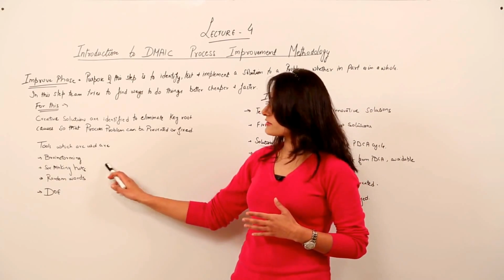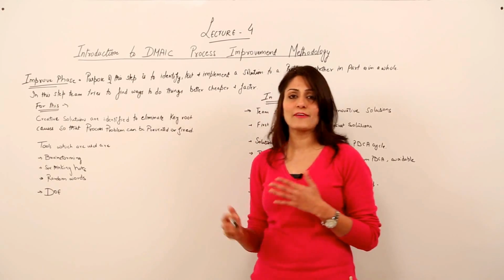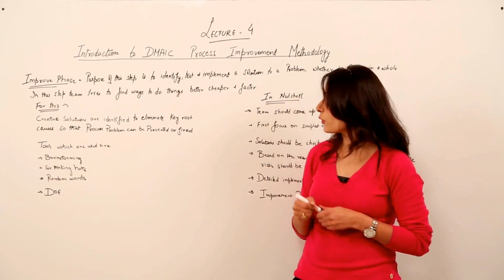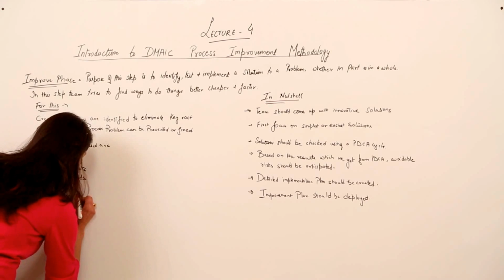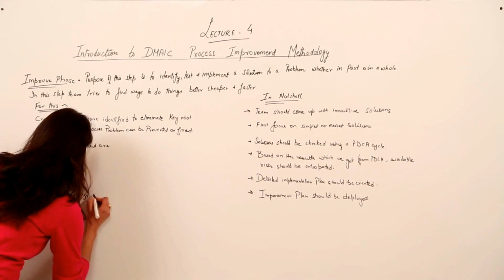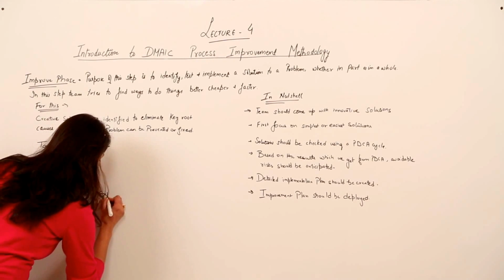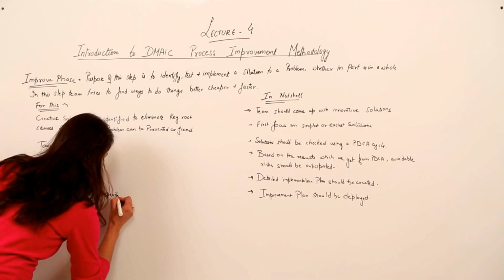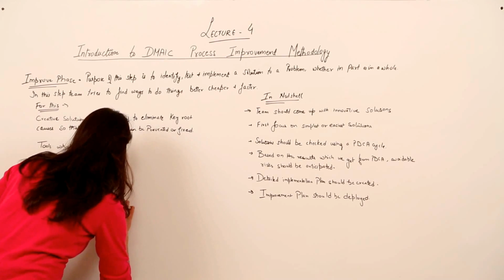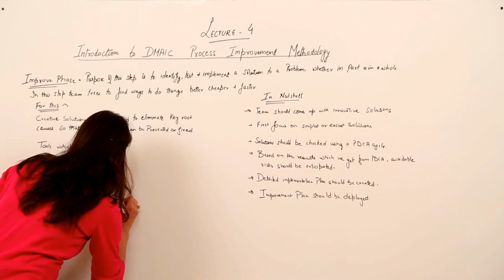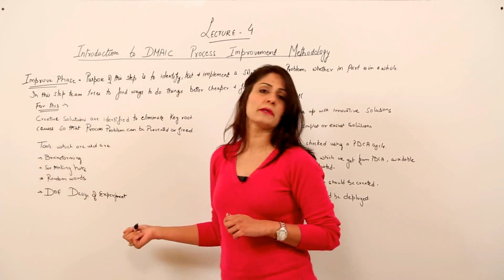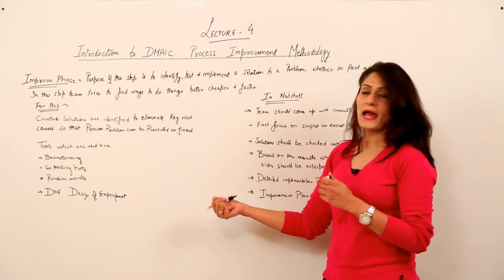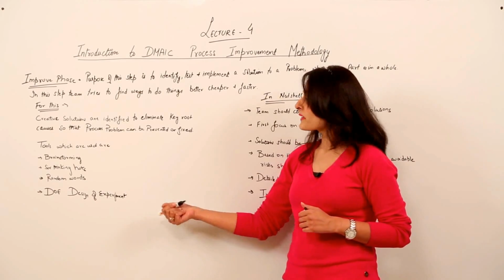If we don't get answers with these basic tools, then we have to go for complex tools like DOE, which is design of experiment, and this is done by research and development people. This is a complex tool and we will discuss it later.